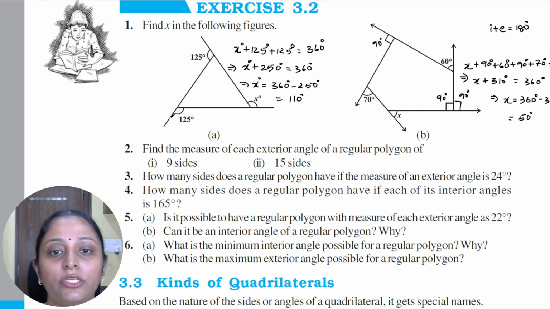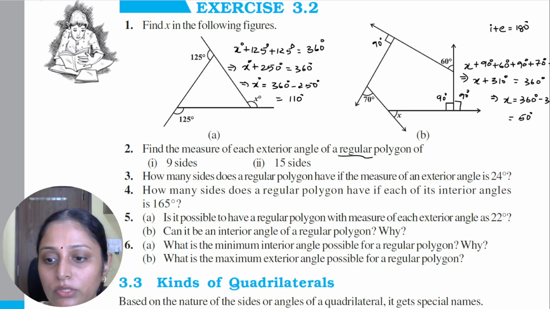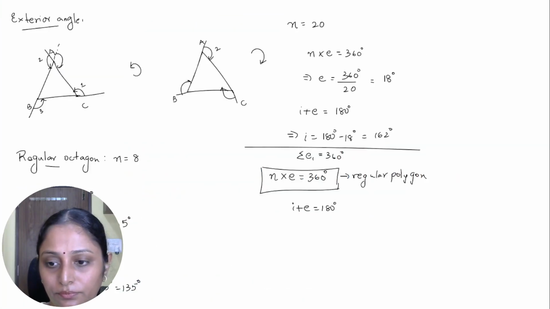Now next question, find the measure of each exterior angle of a regular polygon. Now here we have come to regular polygons, so we will be using the result n into e is equal to 360 degrees. So let us do this sum. Let's take a new page.